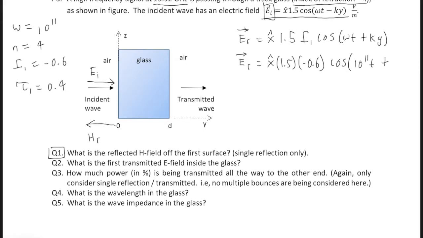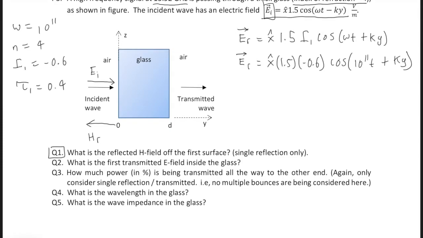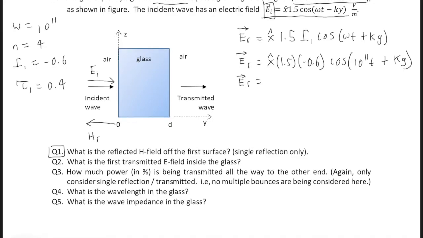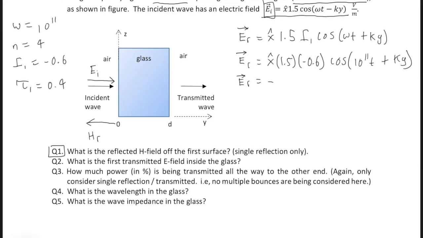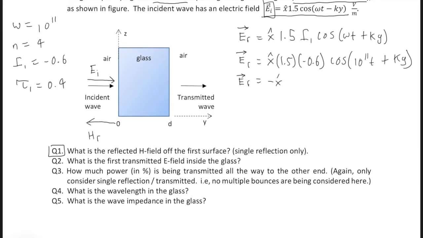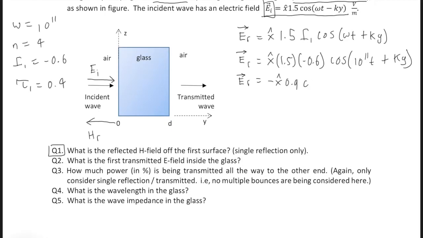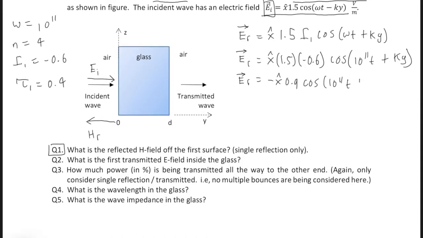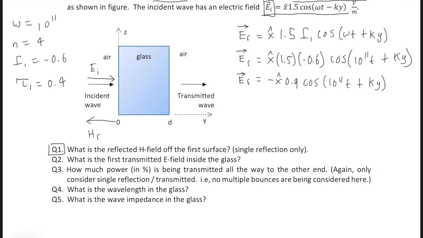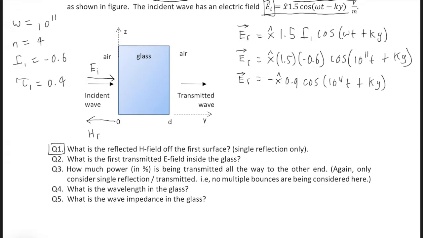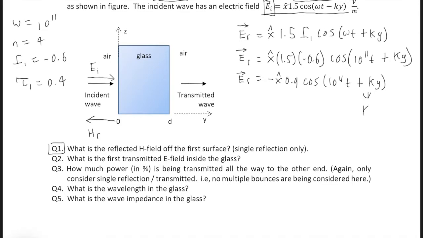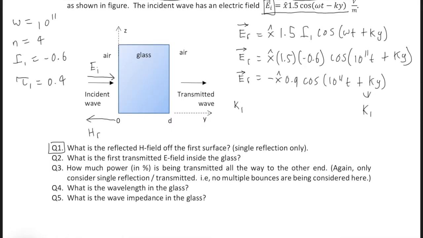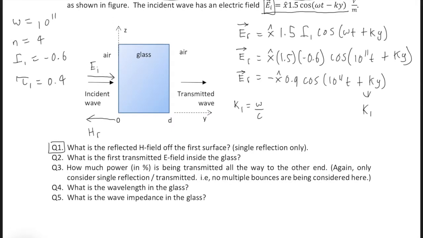plus k y. So then we get E r vector negative x hat 0.9 cosine 10 to the 11 t plus ky. And we want to solve for k. We can denote this as k1, and k1 is equal to omega over c.